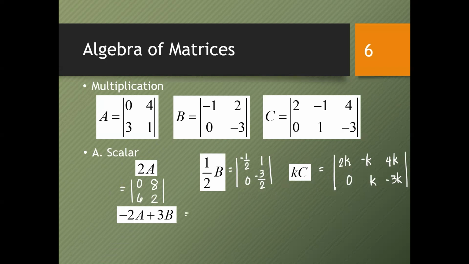Same dimensions. So -2A is 0, -8, -6, -2, plus 3 times B. So -3, 6, 0, and -9.